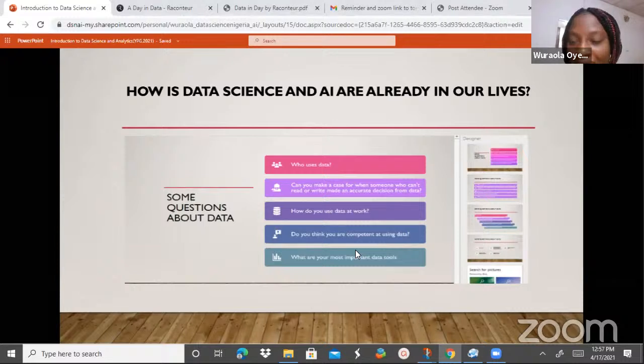Okay, let me pause a bit. What do you know that it is AI that is doing that you come across every day? Please answer the question. Is there a tool that you use that is powered by AI and data science-ish stuff? Let me drink water and see if you know how AI and data science are already in your life.